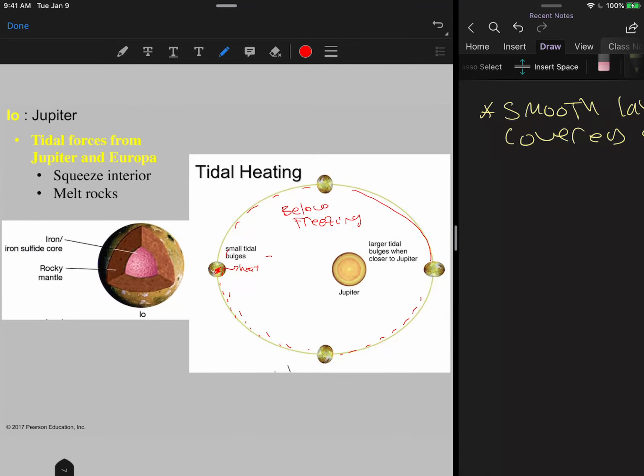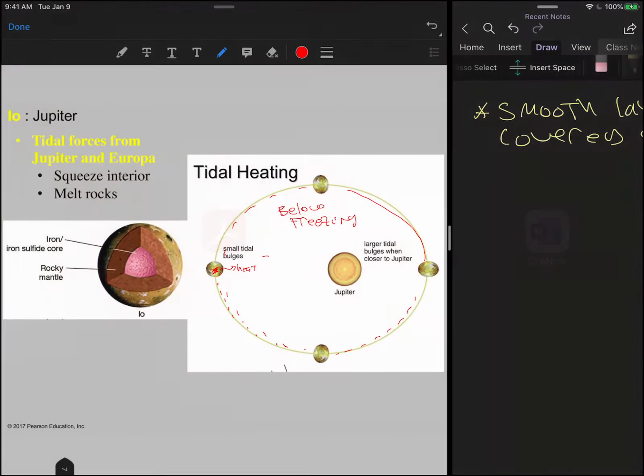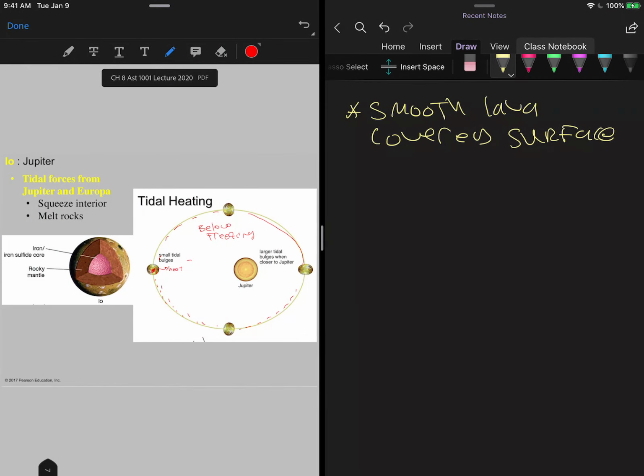This effect of different forces acting on different parts of Io, those are the tidal forces. These tidal forces come from the combined gravity of Jupiter, and also another moon nearby called Europa that we'll be looking at next.